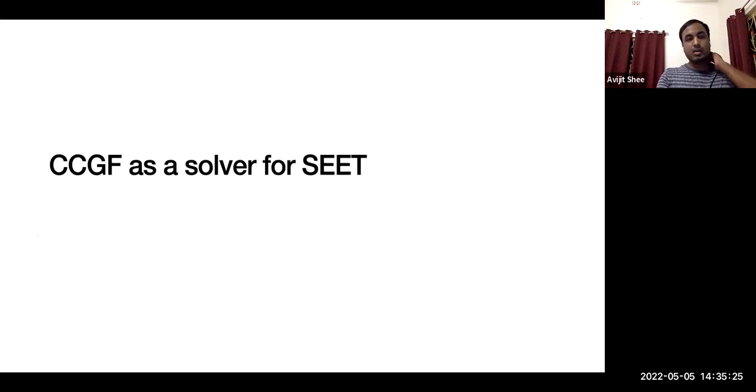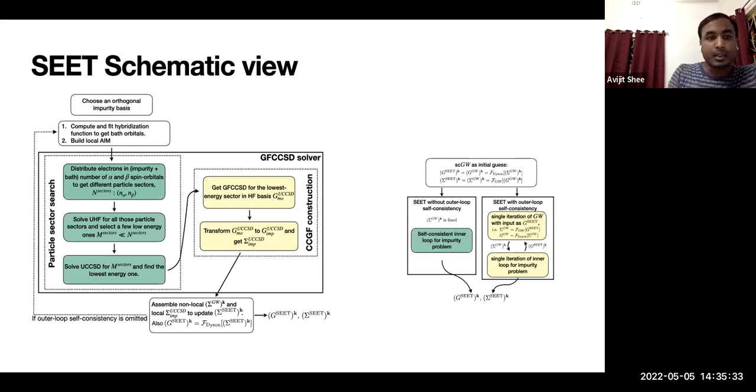Now, how is this coupled cluster Green's function integrated with self-energy embedding theory as a solver? Here I have provided just a schematic view, but I will go into the details of each part.